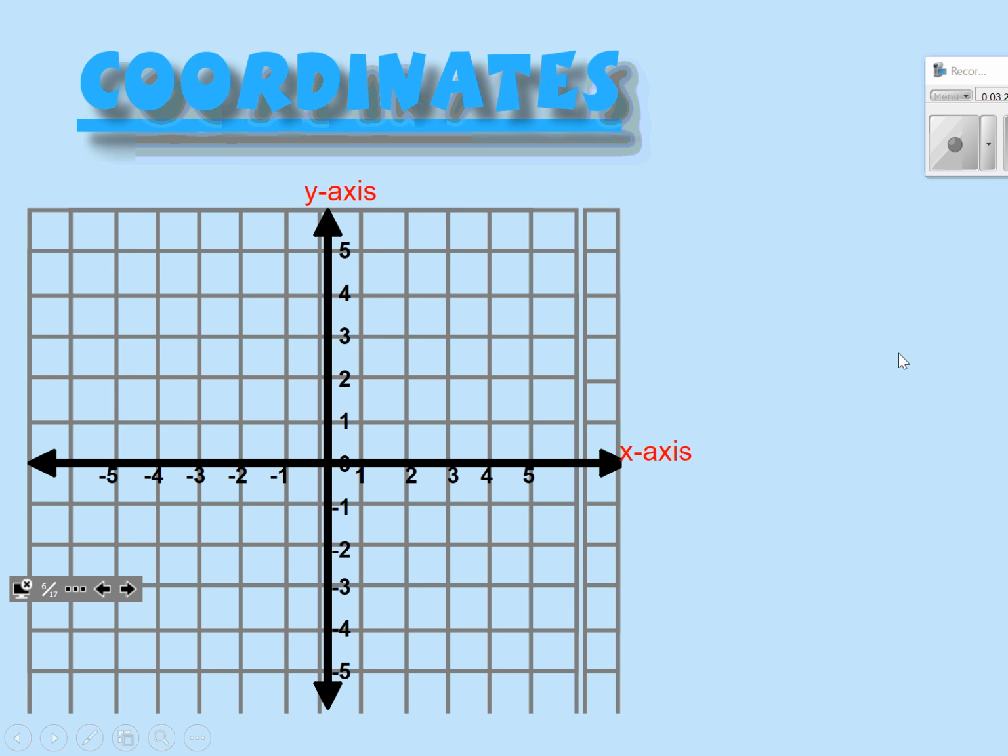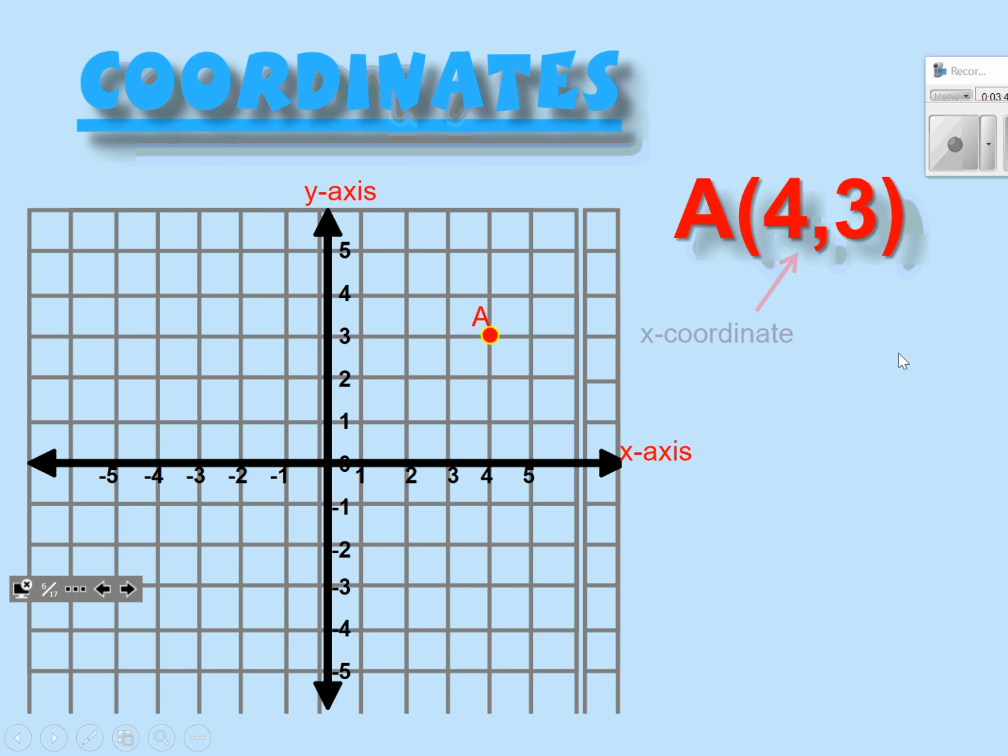Now, let's review about coordinates. This point A is (4, 3). When you look at coordinates, you always do the x-axis first and then the y-axis. The first number is called the x-coordinate, and the second number is called the y-coordinate.